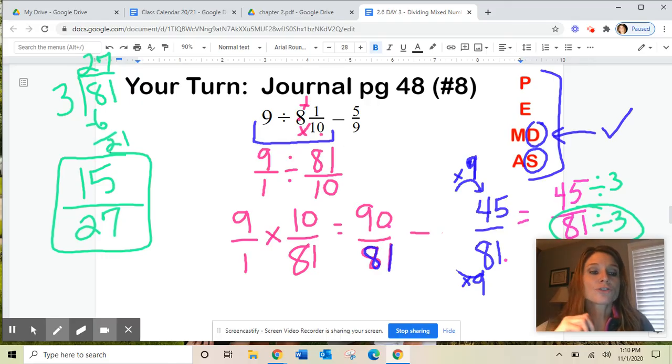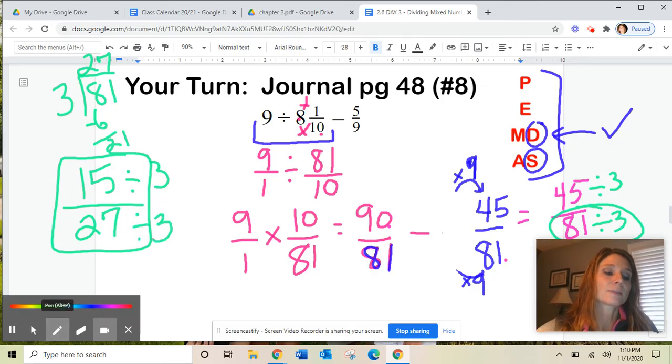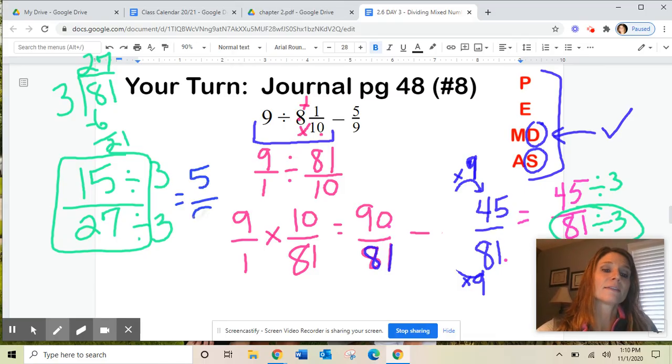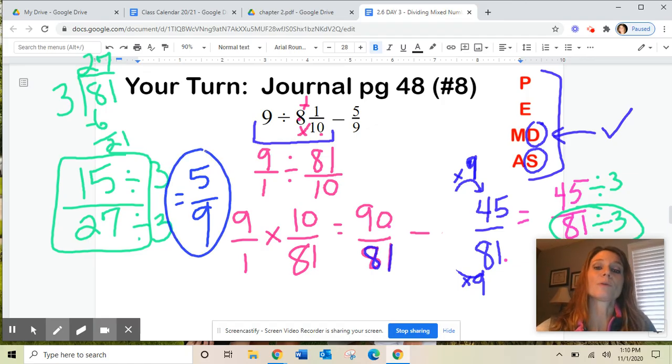So if you look at a multiplication chart for a 15 and a 27 in the same column, you would find it in the 3s. If I divide these both by 3, I'll end up with 5/9. And 5 and 9 have no more common factors, so the best answer would be 5/9.